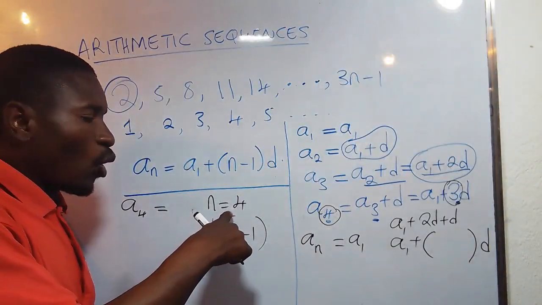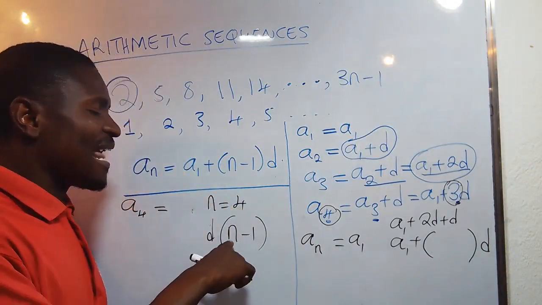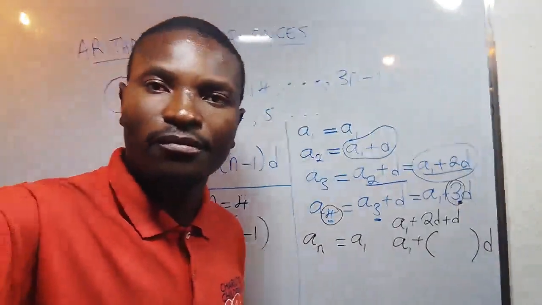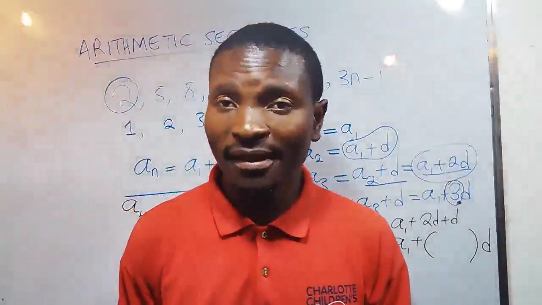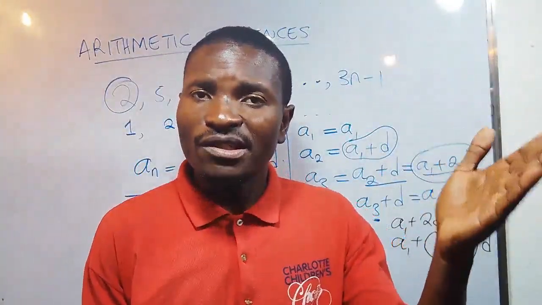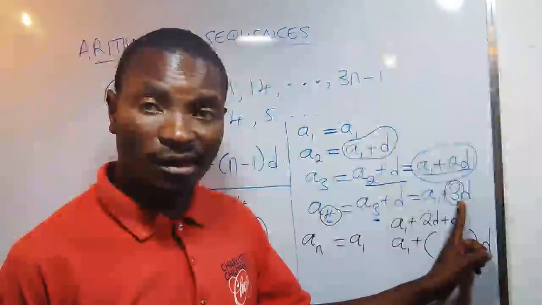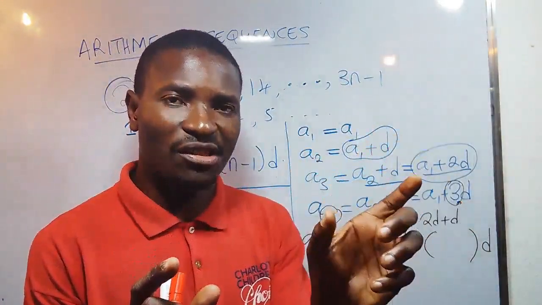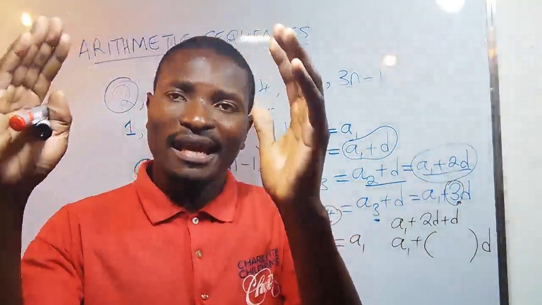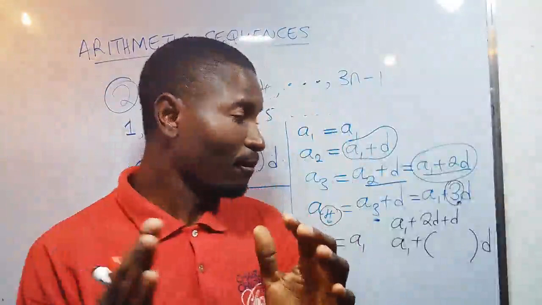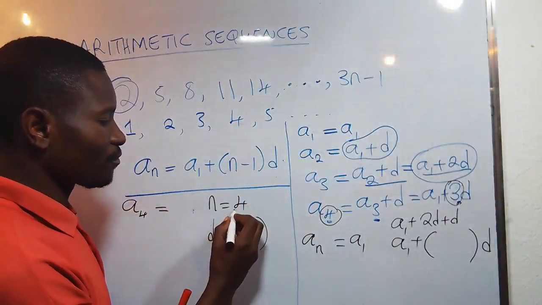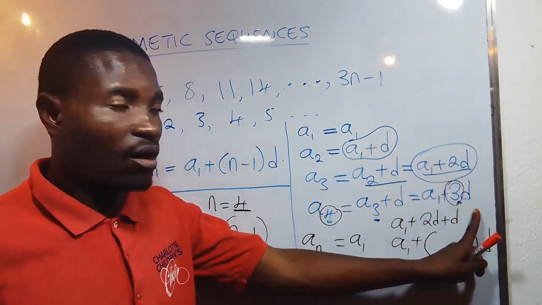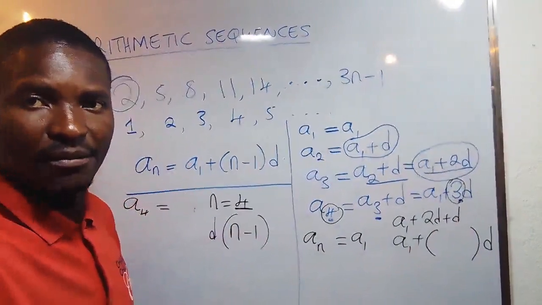So the coefficient of D is less than the term of this sequence, okay? So as I'm saying, the coefficient of D, which is 3, is coming from the simple subtraction, okay? So the term number, this 4, should be less than 1 for us to get the coefficient of D, which is 3, okay?